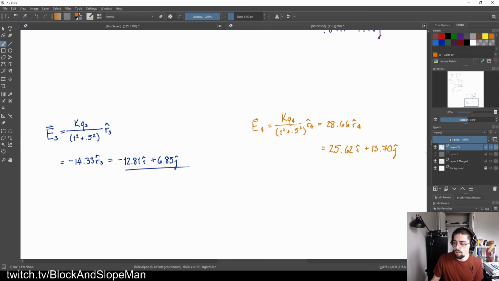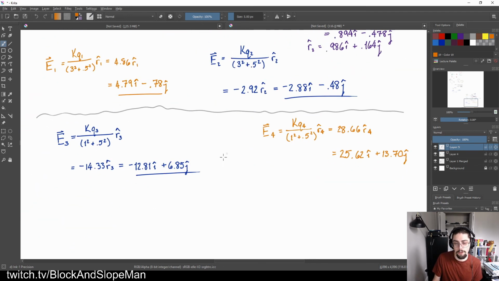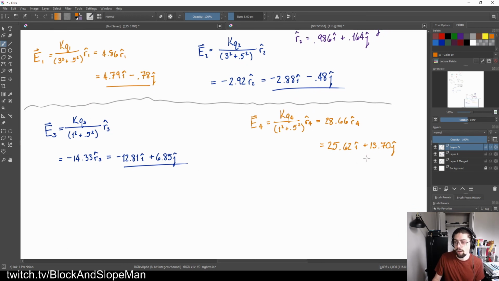So then we bring everything back, right? And now, as long as we don't look too closely at what's going on in the purple, we have all of our values right in front of us. So we can say at the very end, E net, sum all of these things up together to look something like 14.79 I hat plus, just kidding, plus 19.29 J hat.